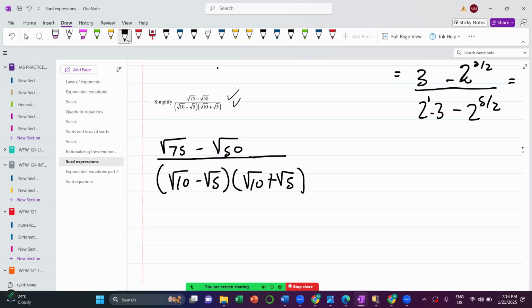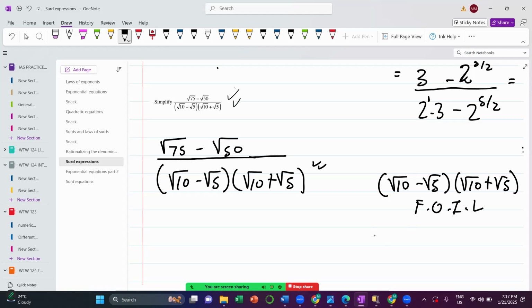So I think for this problem, it's best if we start off with the denominator and simplify this first. So what do I have? I have root 10 minus root 5, all into root 10 plus root 5, right? And because I'm multiplying two brackets, I can use the FOIL method.